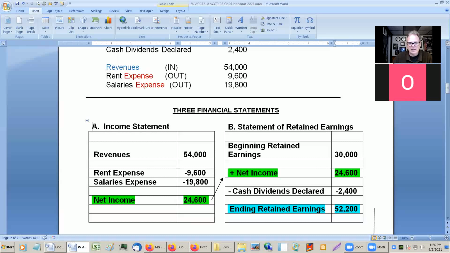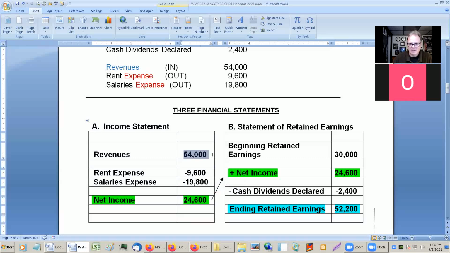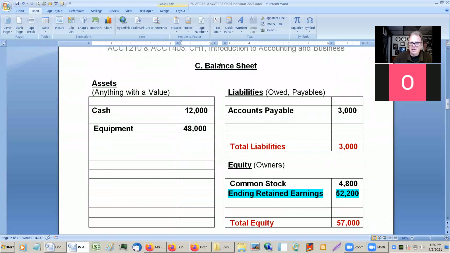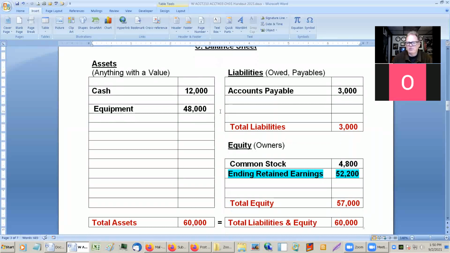So this is at the end of the period. Now we're going to figure out how we get these numbers, how you get these revenue numbers, these expense numbers and all that. That's what's going to be in chapter 2. So it'll be different than this. But this kind of goes through all of accounting, especially the income statement and the balance sheet. It's a recurring theme. Okay, thank you. You're welcome.